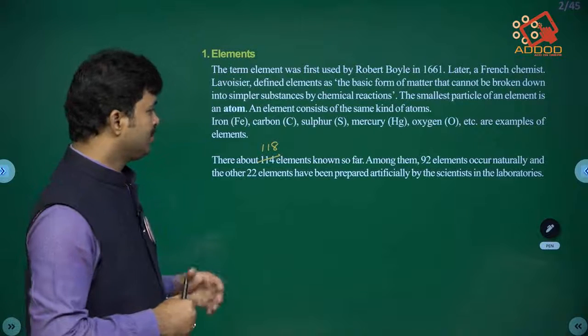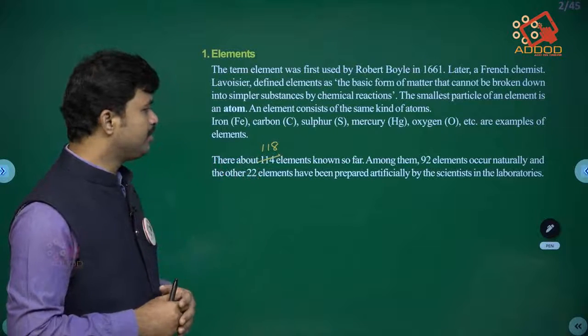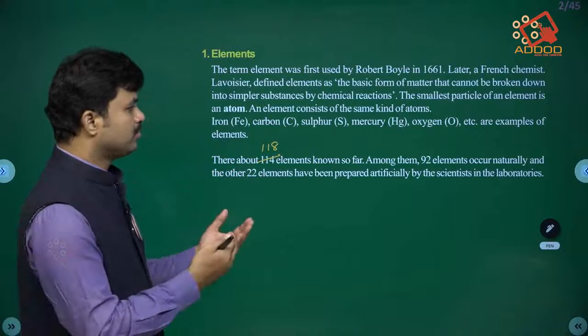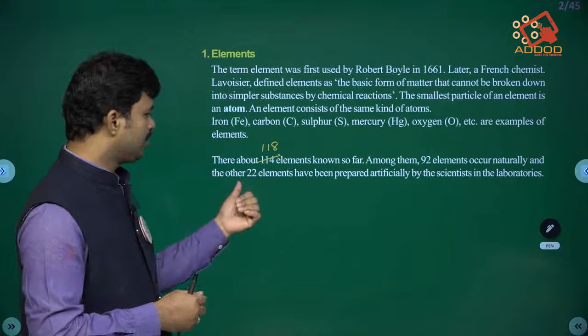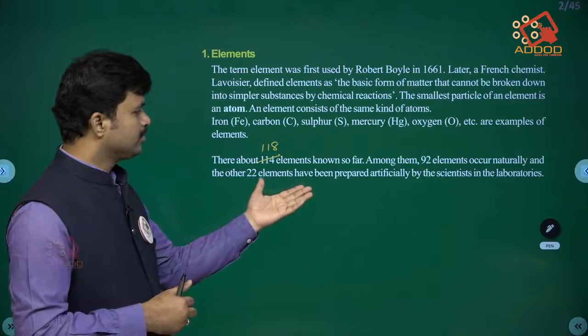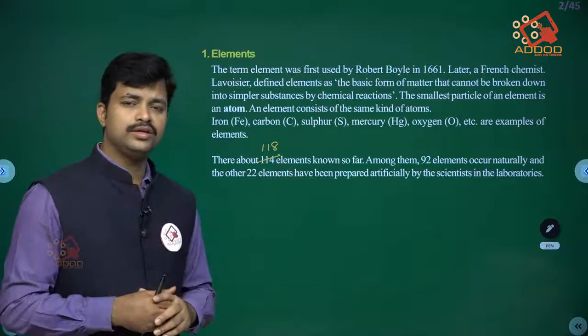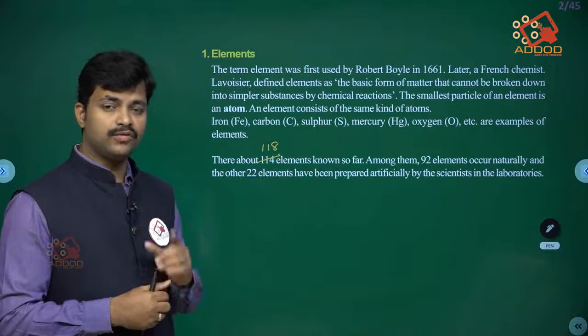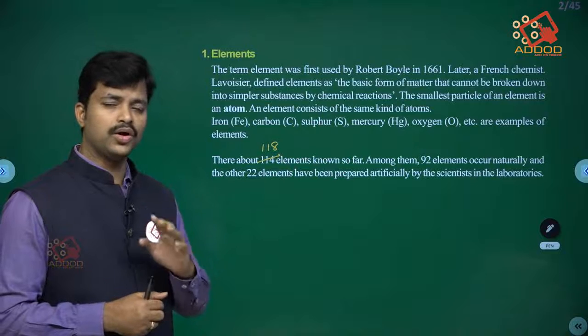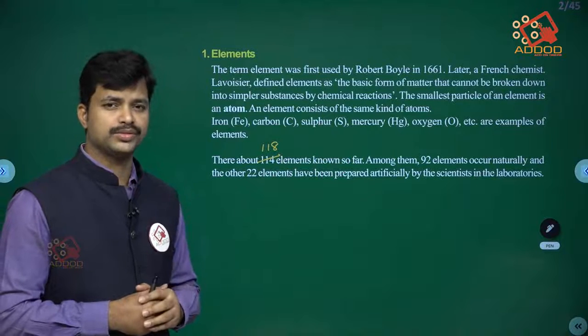So out of 118 elements, 92 elements occur naturally, and the other 22 elements are artificially prepared, man-made. After atomic number 92, all elements are man-made.